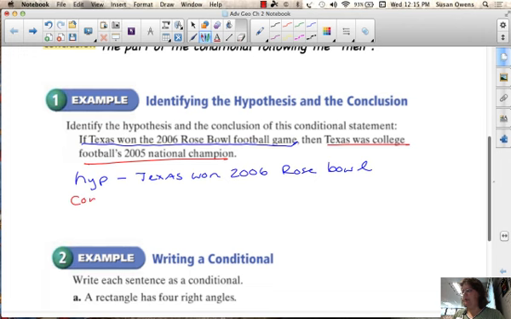So our conclusion is Texas was the 2005 college football national champion.